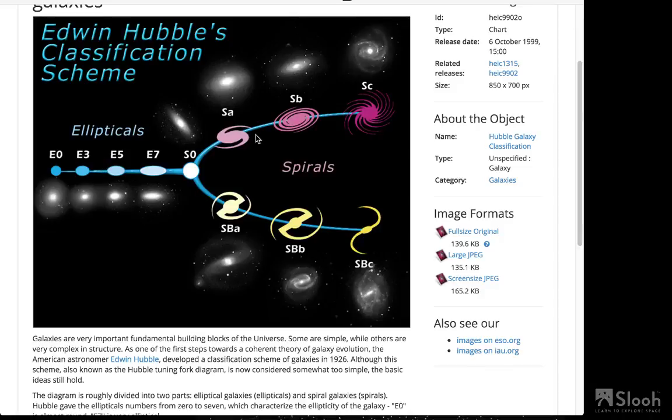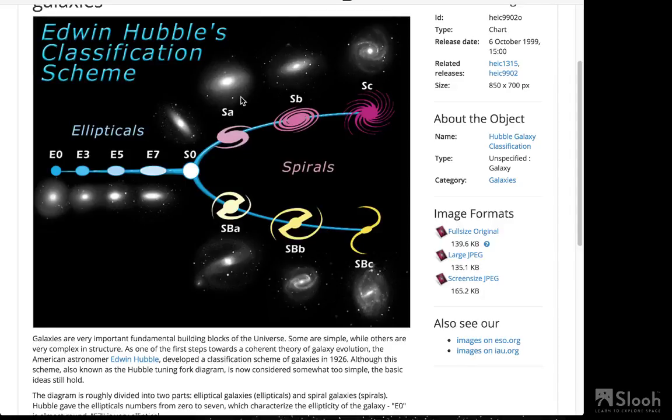So spirals, the first branch, which is a regular spiral galaxy, has a bulge, a disk, and a halo, and in the disk are spiral arms. Depending on how many spiral arms and their tightness, we assign 3 different letters, A, B, or C. You can see the cartoon example here and then real examples above it.